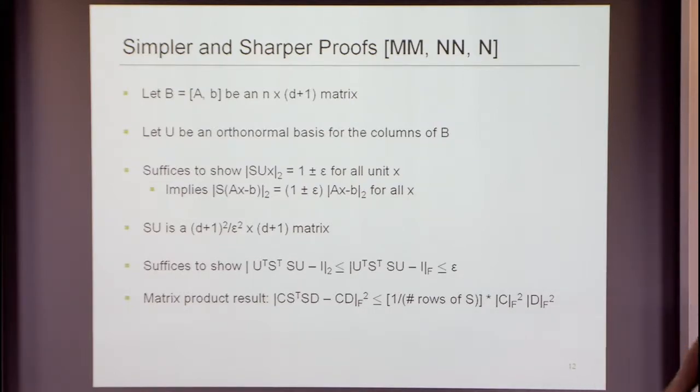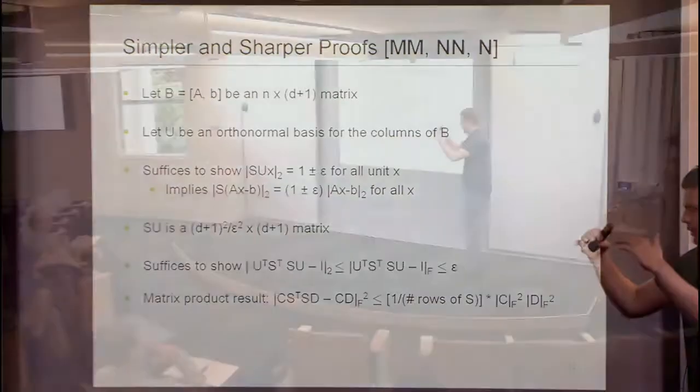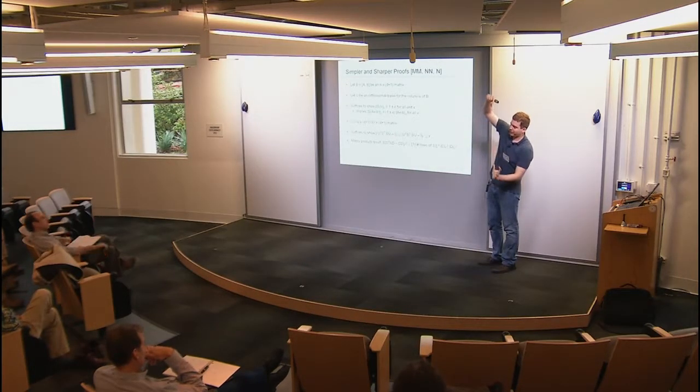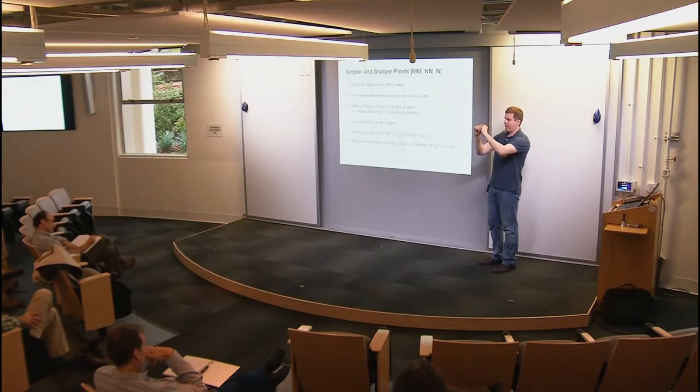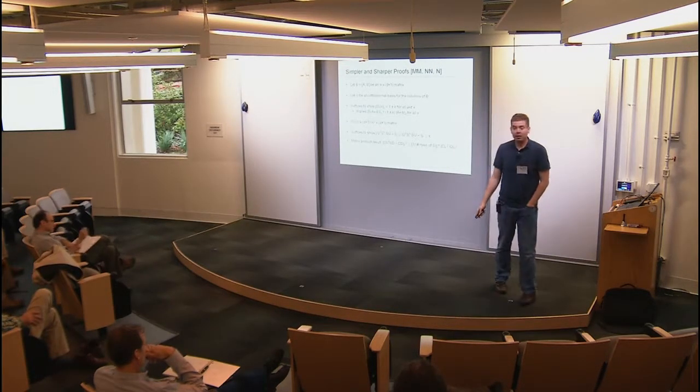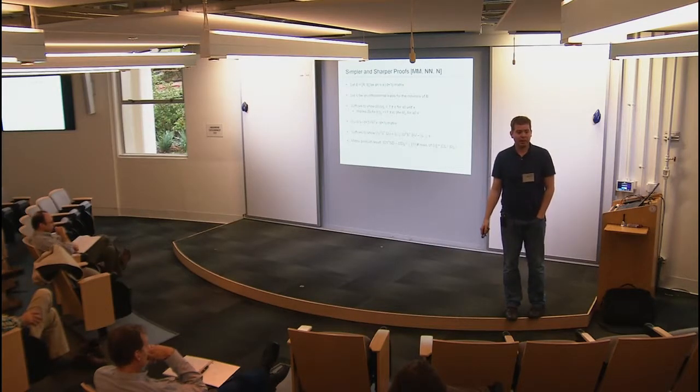So S transpose S is a square matrix, formed by the product of a tall, thin matrix S transpose and this wide, fat matrix S. So S transpose S is low rank.